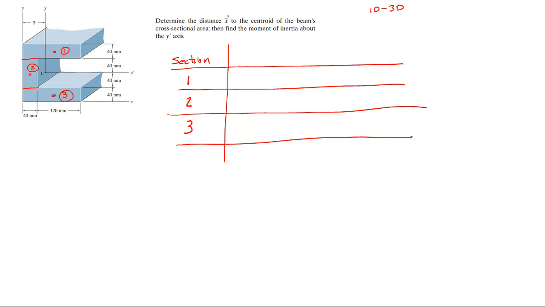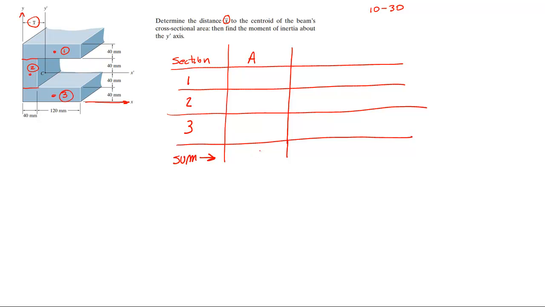He says I want to know X bar. Okay, so he really wants to know this distance. So he has put a coordinate system on here for me. So what I'll do is the area in this column, and this will be the sum.